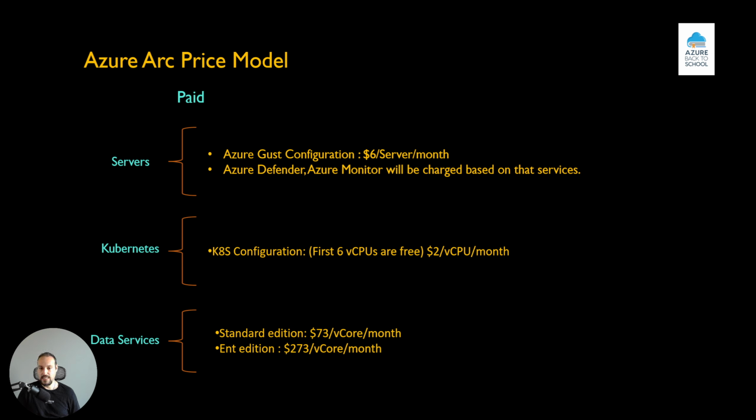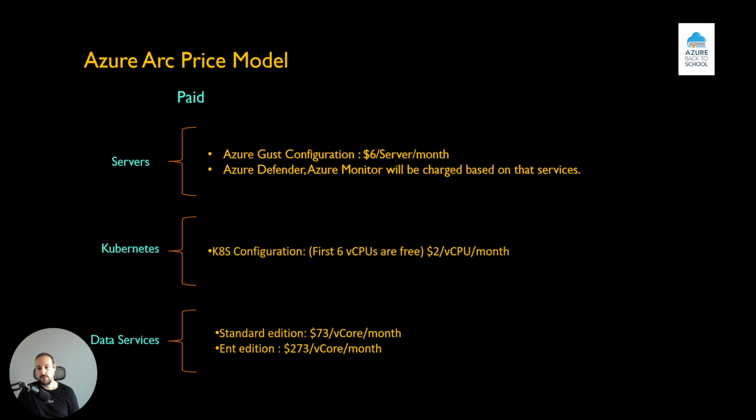And as you can see, you have a lot of features with no cost, and also you have enterprise features with some additional cost. And also, please keep in mind if you want to use other services like Defender, some parts of automation, or some features on Kubernetes which are related to Azure resources, but you want to use them for your on-premises environment, the cost calculation for those services is based on those services.